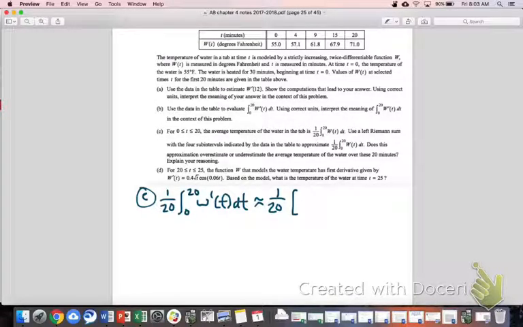A left sum would look like this: 4 times 55 plus 5 times 57.1 plus 6 times 61.8. Plus, finally, 5 times 67.9.